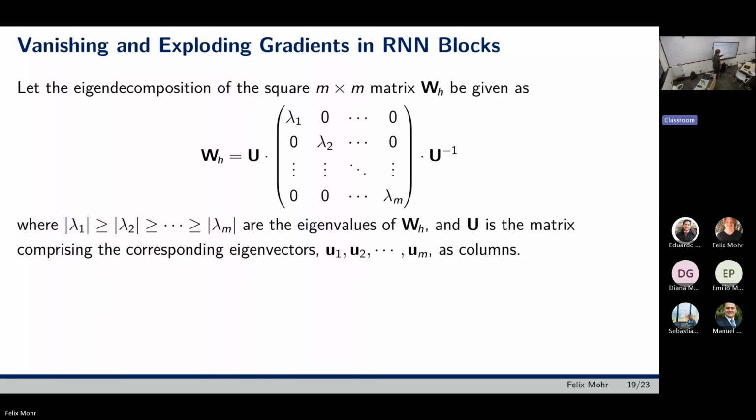This is kind of a projection. There exists a matrix U for which I have this relationship, and the entries on the diagonal are precisely the eigenvalues of this matrix.